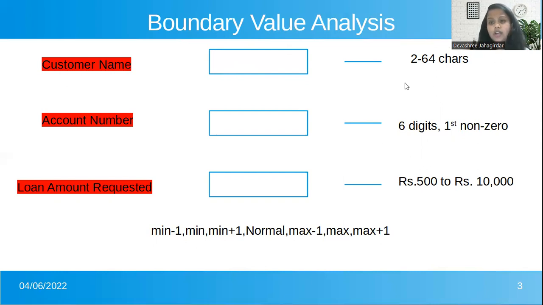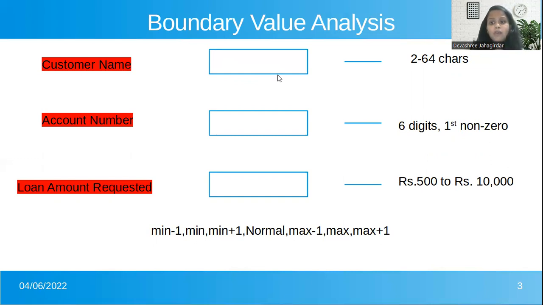So it should not accept that data because I have entered the wrong input. If I enter 65 characters there, it will again throw me an error. But if I write any characters between 2 to 64, it will accept the data.